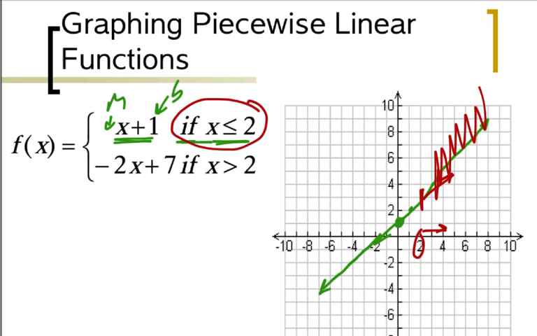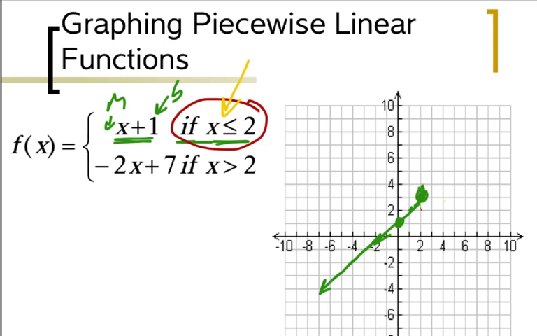I'm going to erase this part. Now again, what I just did here in red, I want to erase that because it's only good when x is smaller or equal to 2. So I'm going to erase everything after 2, and I should put a solid dot at 2 because it says smaller than or equal to 2, which means a solid dot I can actually touch right there at 2.